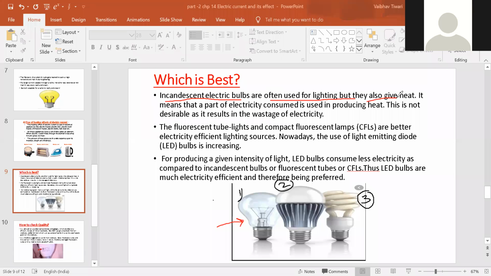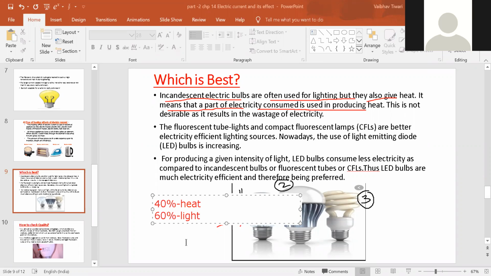So if it is also giving heat, it means that part of the electricity consumed is used in producing heat, right? Suppose we say that 40% of electricity is converted into heat, and only 60% is converted into light.